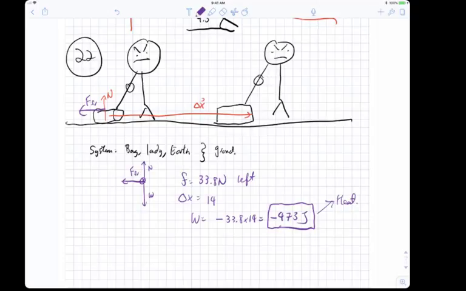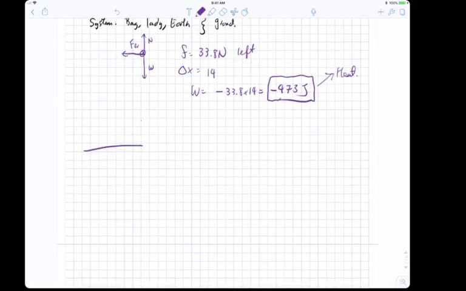Because sometimes when friction force does work, just imagine you've got a truck and you've got a melon in the truck, and the truck starts driving and the melon starts sliding back.